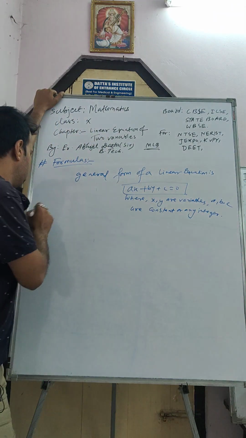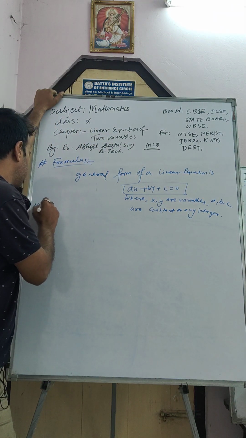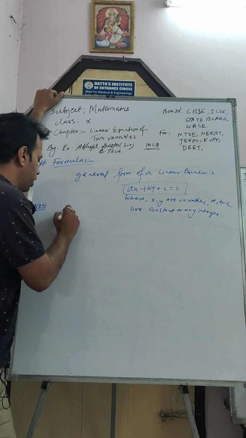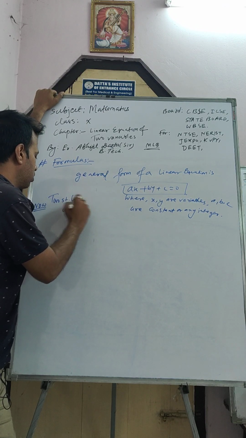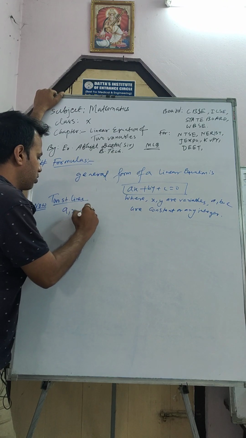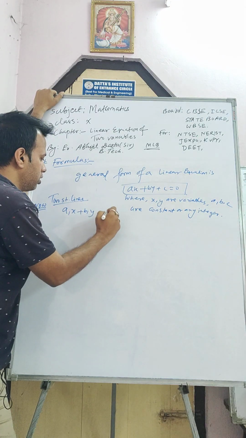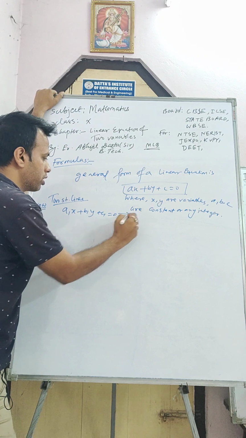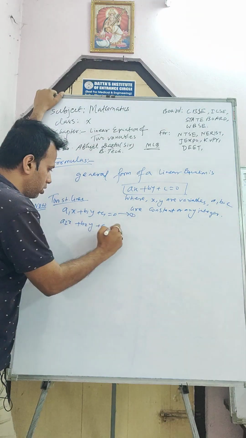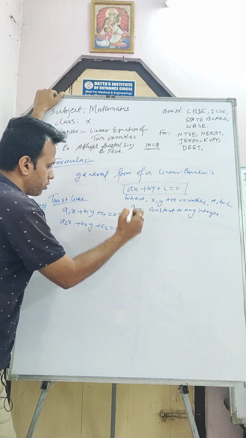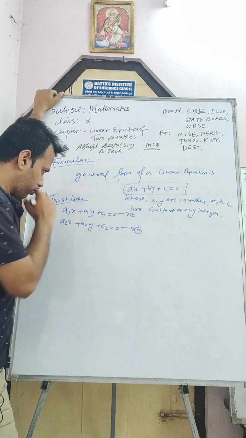Now we consider two straight lines: a1x plus b1y plus c1 equal to 0. This is one straight line. And a2x plus b2y plus c2 equal to 0, that is the second straight line.